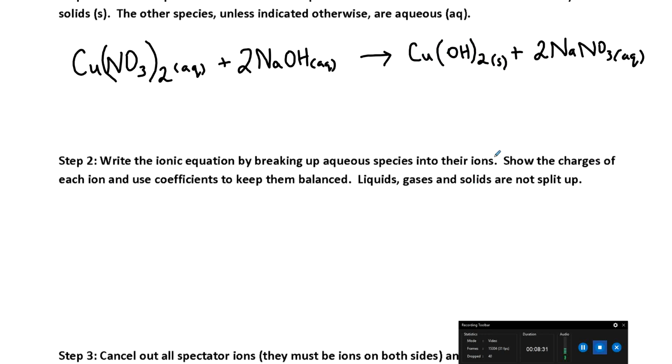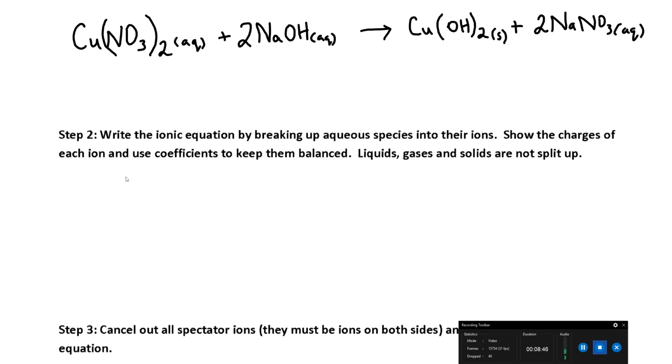Okay, so we need to do a number of things here. We're going to break them up into their ions, show the charges of each ion, and use coefficients to keep them balanced. Liquids, gases, and solids are not split up. Again, lots of little details to remember. So I'm going to separate this one out. Copper, we know it's the copper 2 plus ion, so I have to show the charge.